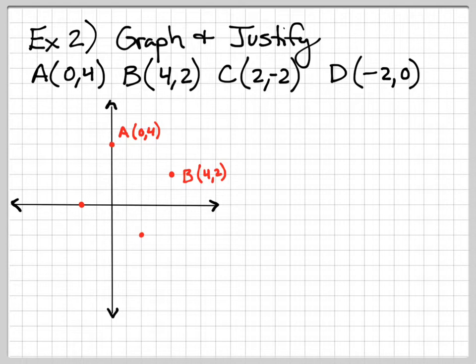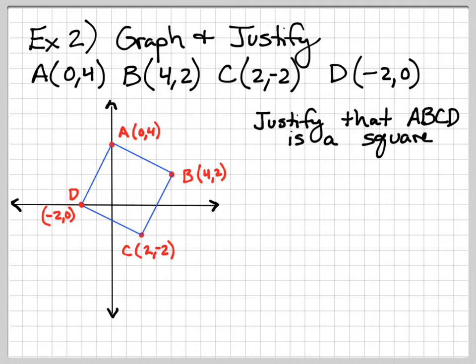C down here at the bottom is the coordinate point (2, -2). And D is the coordinate point (-2, 0). And then I'm going to go ahead and connect the dots, and it looks like a square to me, but we have to justify it.